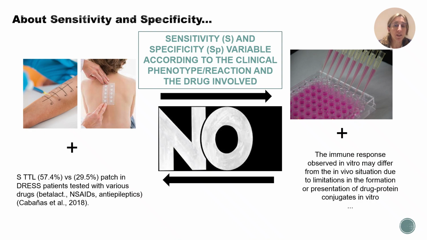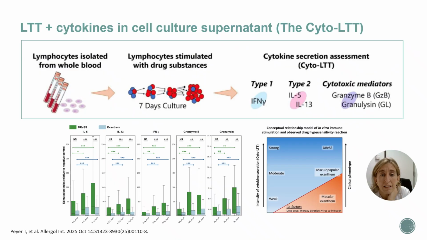Okay, so the conventional in vitro lymphocyte transformation test for diagnosing drug hypersensitivity reactions is limited by low sensitivity, as we have seen before. To improve the detection and assess T cell activation strength, an adaptation of the test with a cytokine-based assay has recently been published, in which they measure cytokine secretion in the supernatant after 7 days of culture.